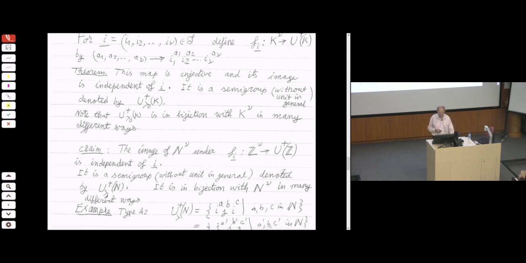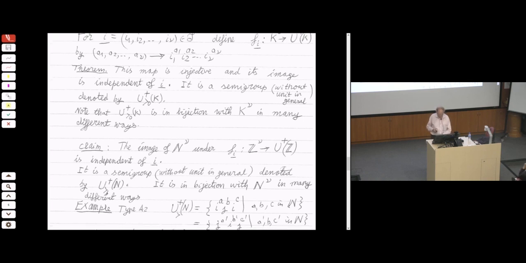I can take the image of N to the nu under any of the maps that I had before, and I claim that the image is also independent of I, and it's also a semigroup. This is denoted by U plus strictly positive of N. This is a semigroup in bijection with natural numbers to the nu in many different ways.